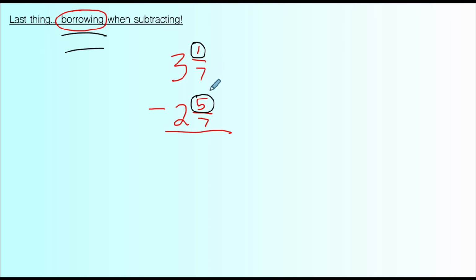Borrowing, when you borrow something, you take something from someone else and you use it. So we're going to do that here. This fraction that has 1/7 needs to become bigger so that it's bigger than the 5. So we're going to take 1 whole away from the 3. If I take 1 away from 3, it becomes 2.